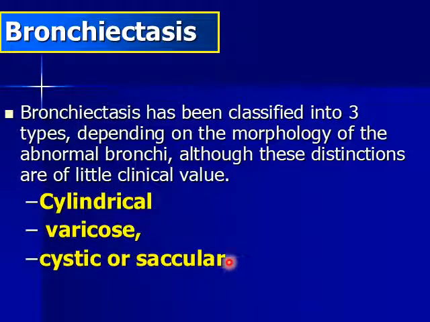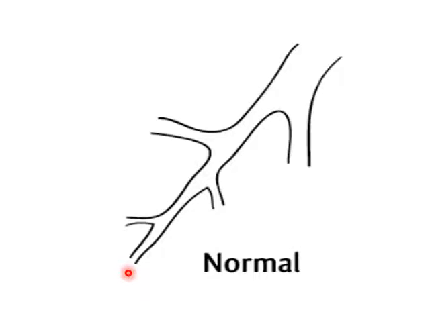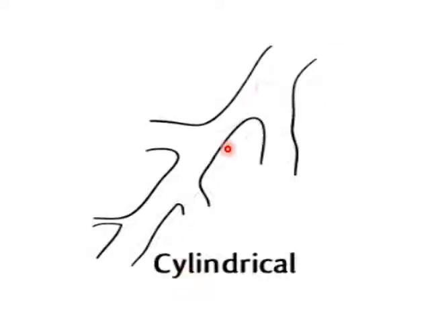Bronchiectasis. Bronchiectasis morphologically can be classified into cylindrical, varicose, or cystic. Normal bronchi usually taper as we go to the periphery. They are not running parallel. But if we have parallel walls with lack of tapering, this means that we have cylindrical bronchiectasis.